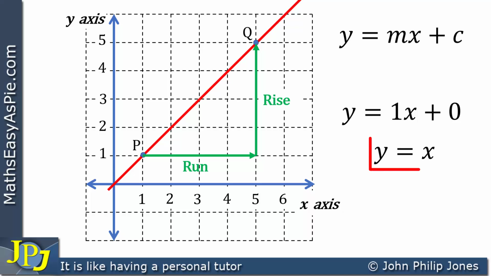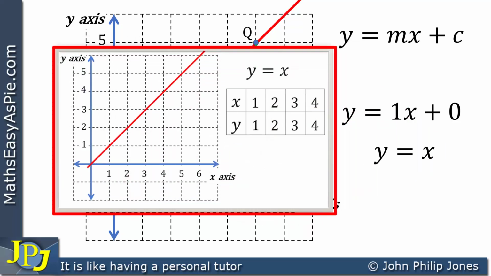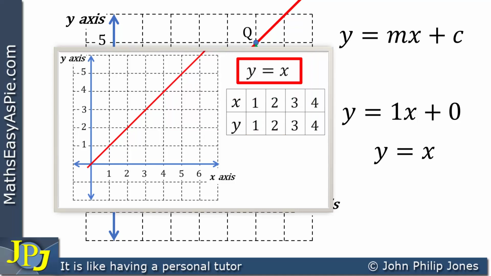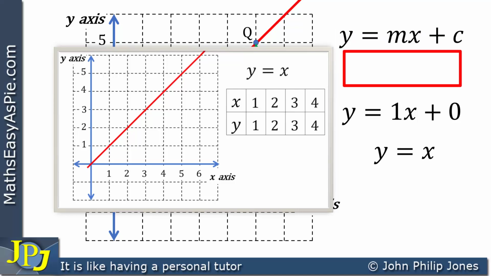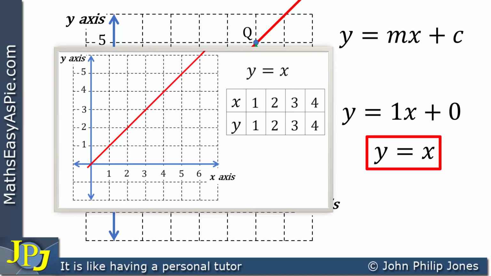Now, if you consider y equals x for a moment, this is where we came in at the beginning of the video, because you were asked to plot y equals x, and this is the slide where the plot took place. And you can see it's the graph that we've been working on throughout this video. This is the general form of an equation for a straight line graph, and you could be forgiven for thinking that this doesn't look anything like the equation for a straight line graph.